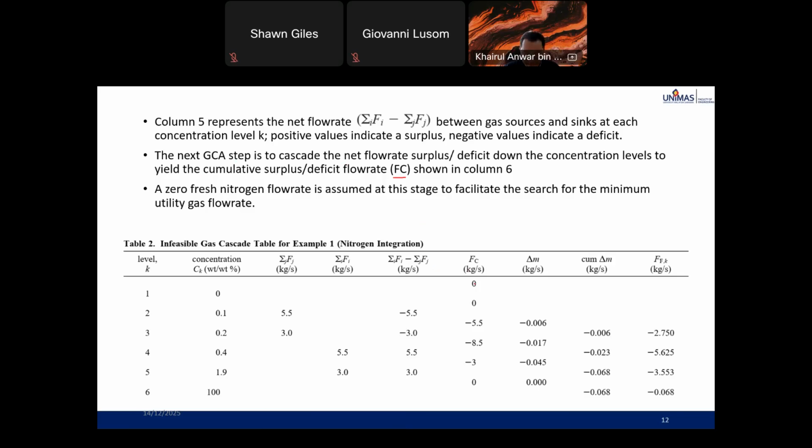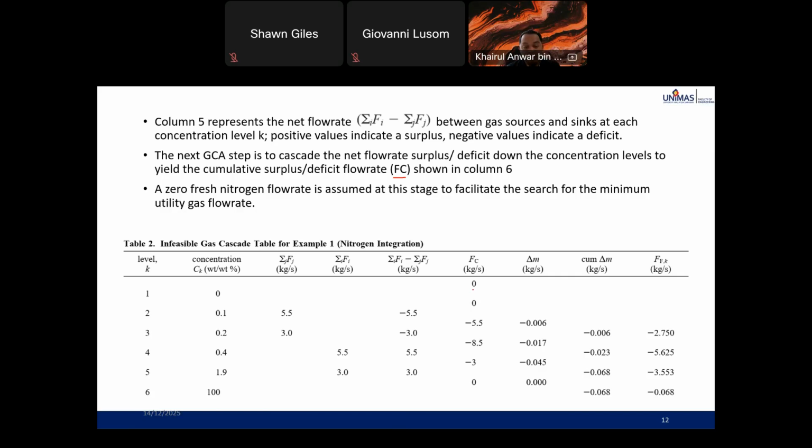For the FC, it's cascading, similar to the cumulative water source and demand, we do cascading. So method-wise it's the same.